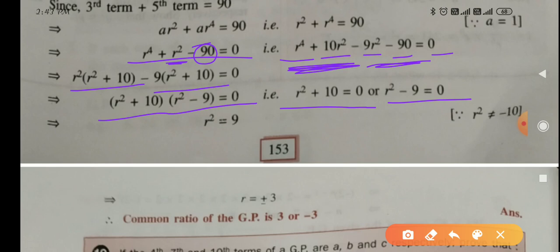So r square is not equal to minus 10 because the square of any real number can never be negative. That's why r square is not equal to minus 10. r square equals 9 can be taken, and with the help of this r equals plus minus 3. So the common ratio of the GP is plus 3 or minus 3.